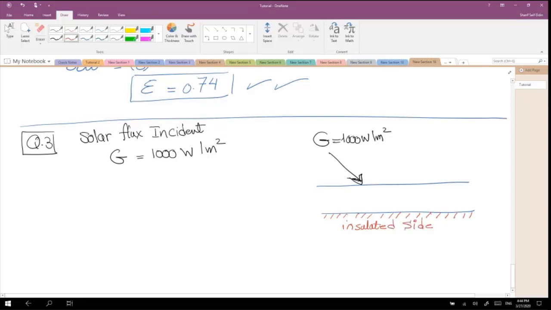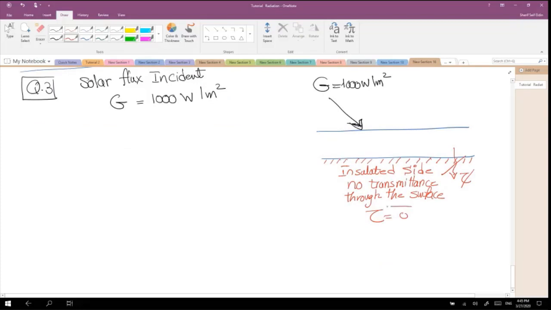And the insulation here is going to tell you that there is no transmittance through the surface. Right, so basically tau is equal to 0, and we deal with that case as an opaque surface, right?